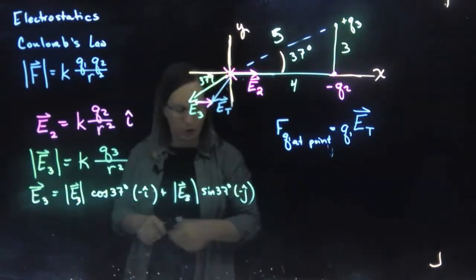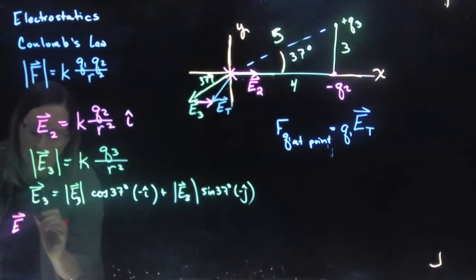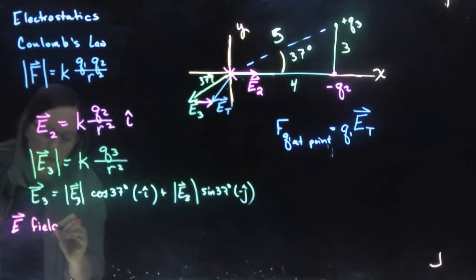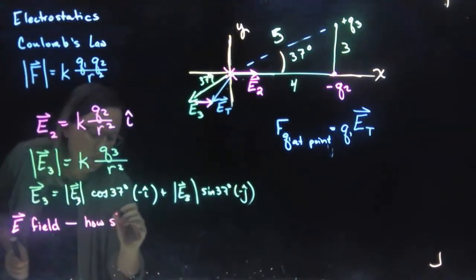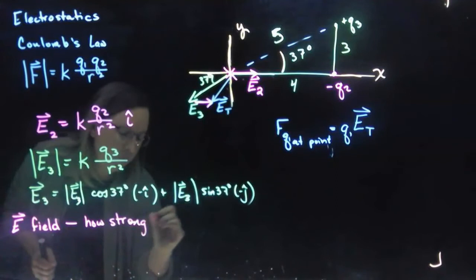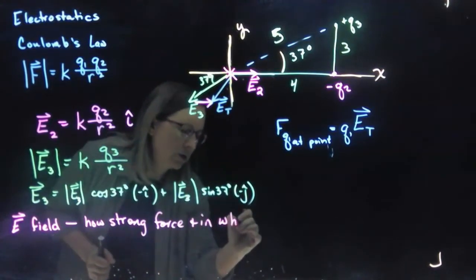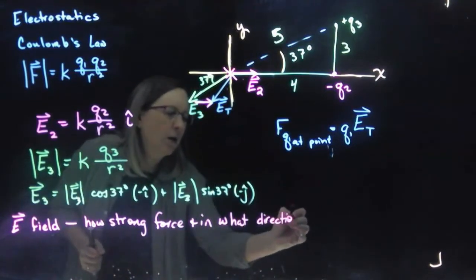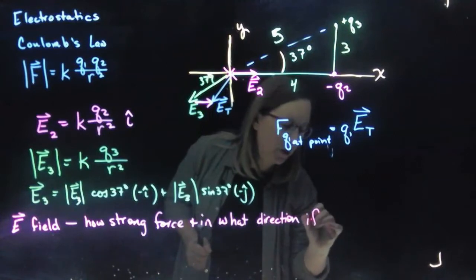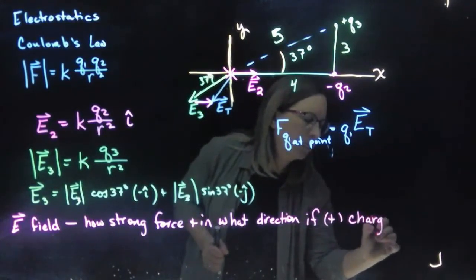So the electric field, the E field, tells us how strong a force, the magnitude, and in what direction, if a positive charge sits there.